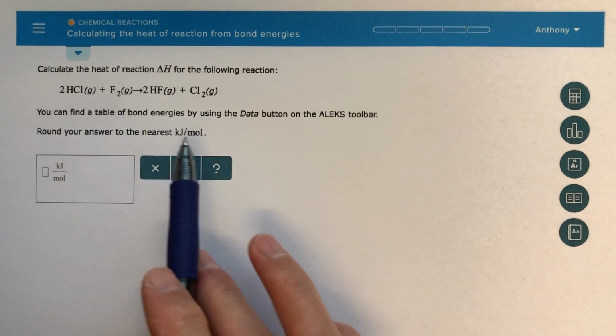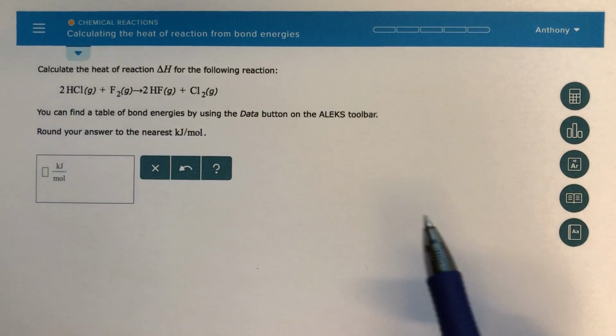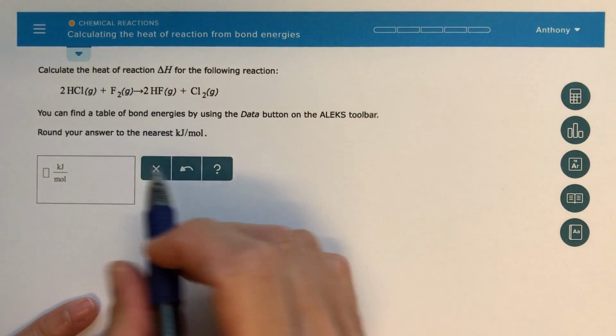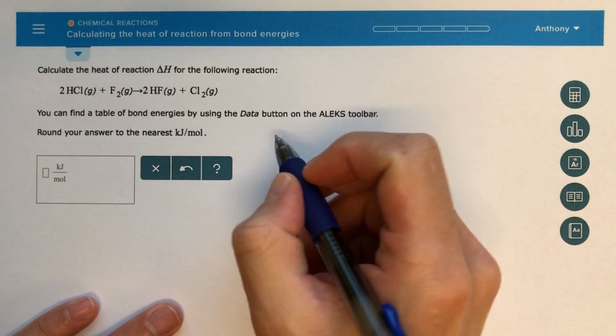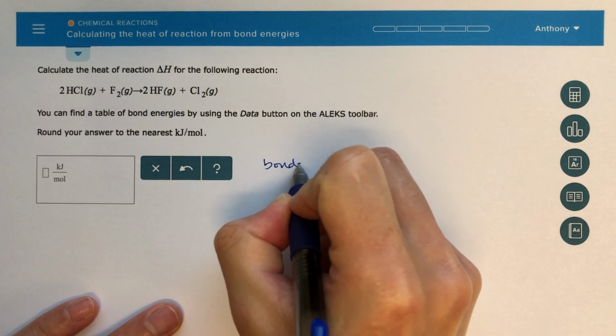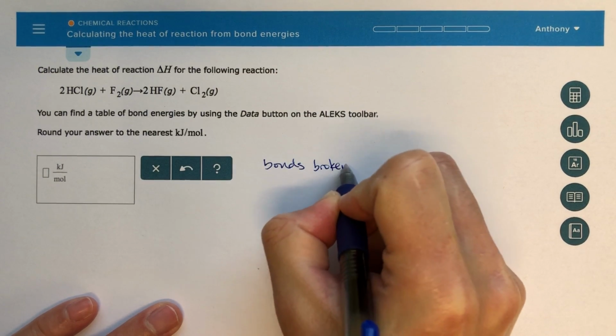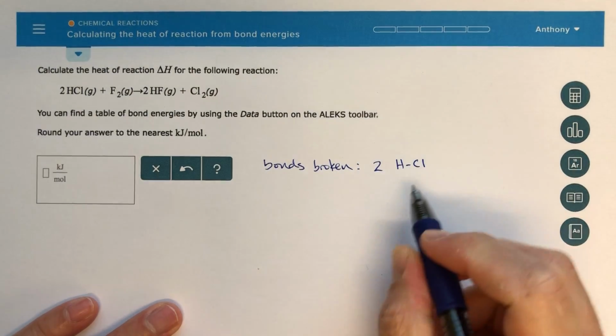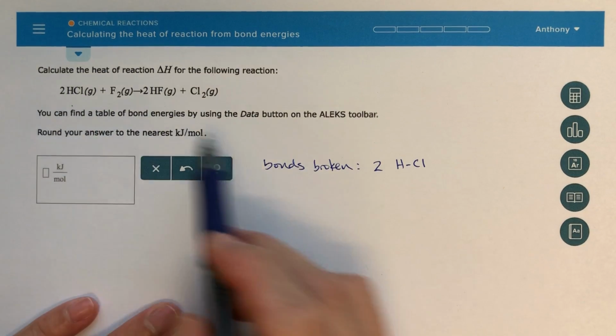So when we're doing this problem, what we need to think about is what's happening when we do a chemical reaction. To do this chemical reaction, we need to break some bonds. So bonds broken, we're going to break two HCl bonds. If I think about what's going on, we've got two HCl.